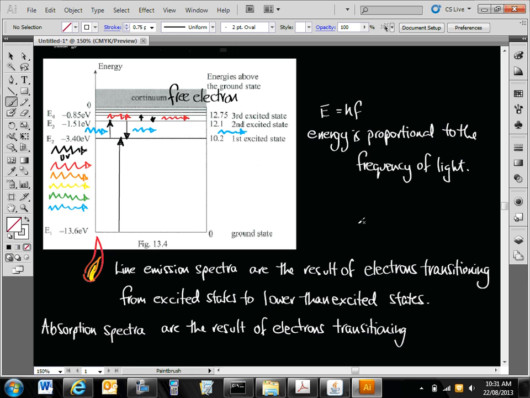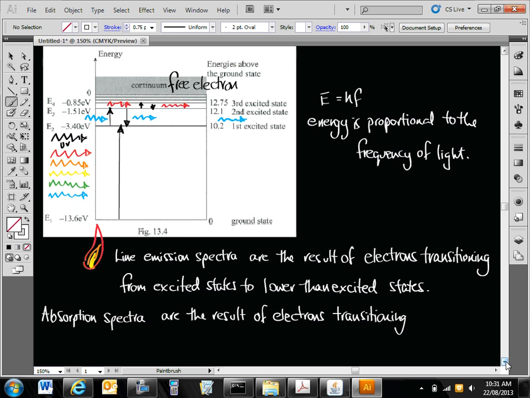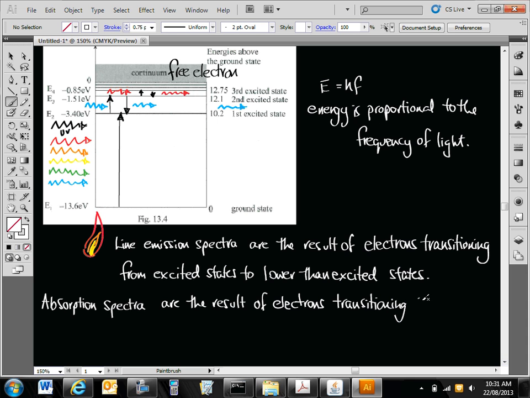Any of these, up or down, is a transition, from some lower state.